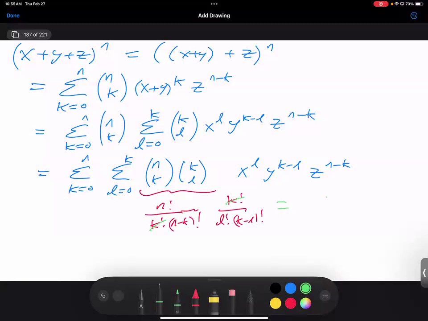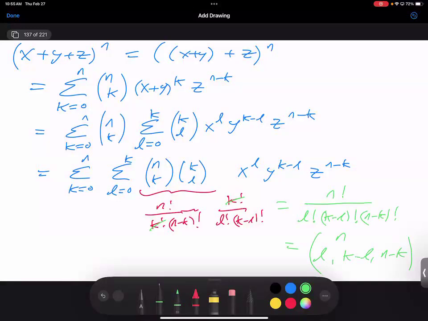And we're left with n factorial over l factorial, k minus l factorial, n minus k factorial, or the multinomial coefficient n choose l, k minus l, n minus k. Okay. There's the multinomial formula.